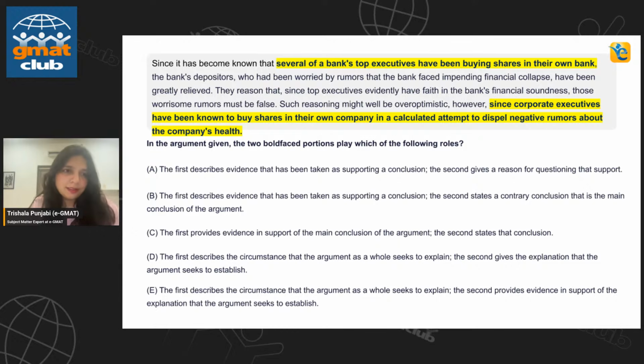What is happening in this? I'm going to wait for you guys to answer here because this is a very, very interesting thing. Are we explaining or evaluating boldface 1?